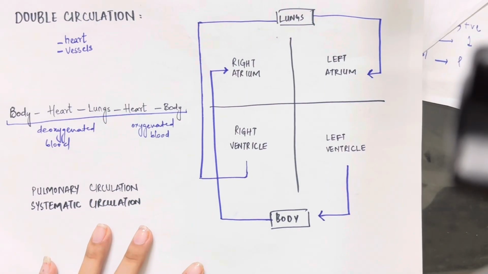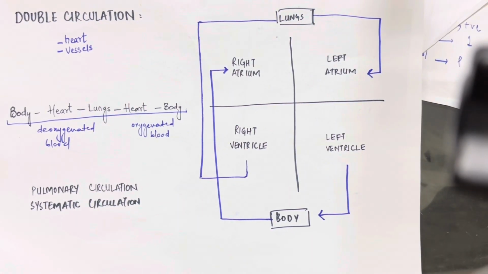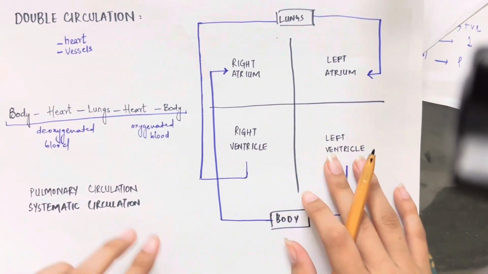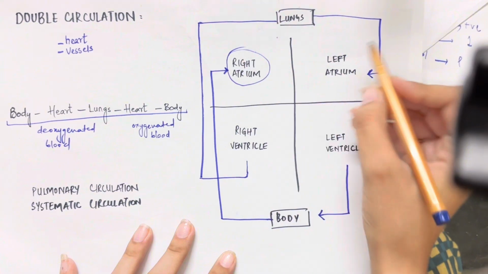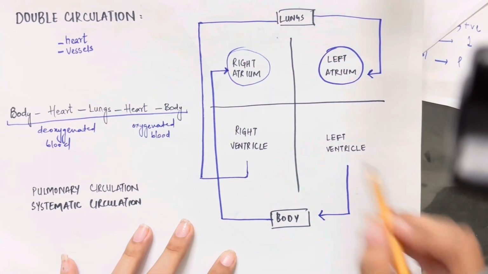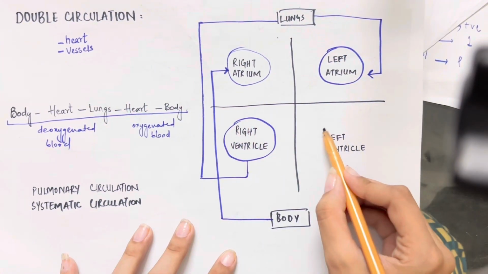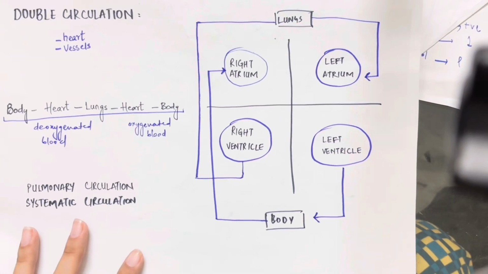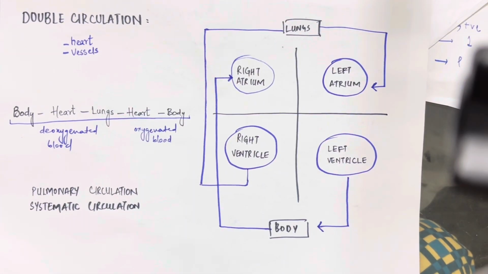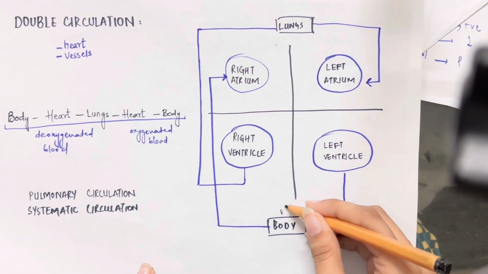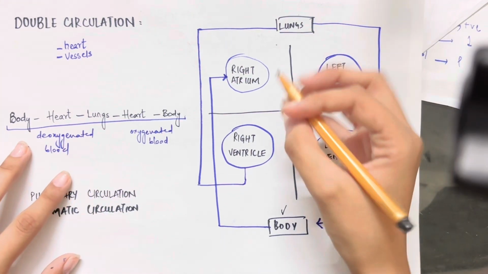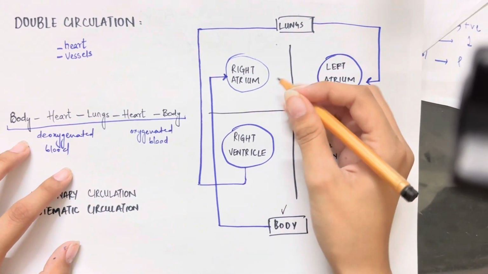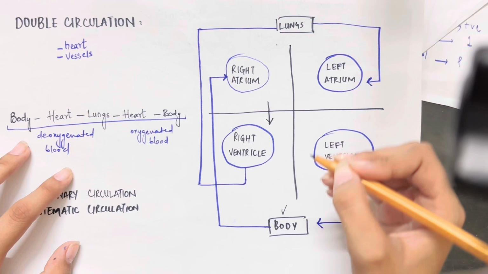Now let's talk about the double circulation. Firstly, you need to understand that the heart is divided into four chambers. The upper two chambers are termed the right atrium and left atrium, and the lower two chambers are the right ventricle and the left ventricle. How does the circulation occur within the heart? The deoxygenated blood from the body comes into the right atrium, the right upper chamber of the heart. Whenever the right atrium contracts, the blood is transferred into the right ventricle.